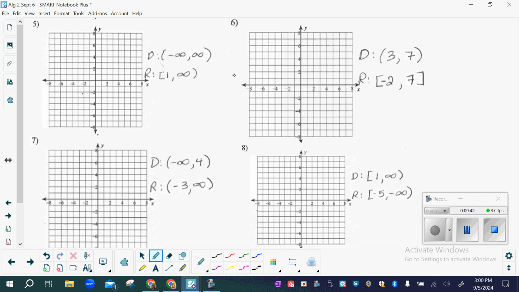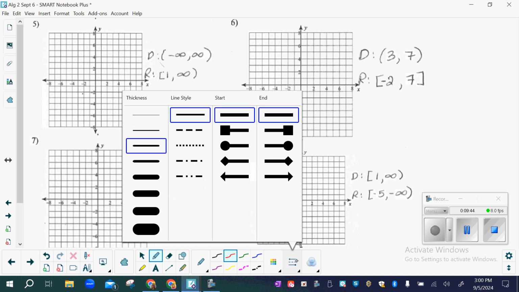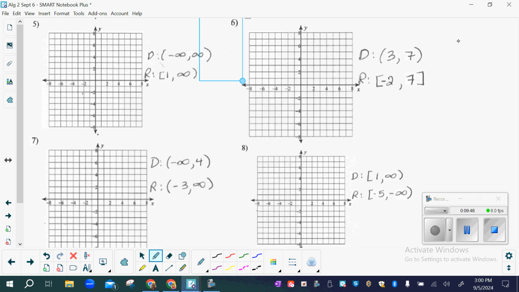So what might that graph look like? We'll go from left to right. So y value of 1. That gives me my domain goes from negative infinity to 1. What would go to positive infinity?